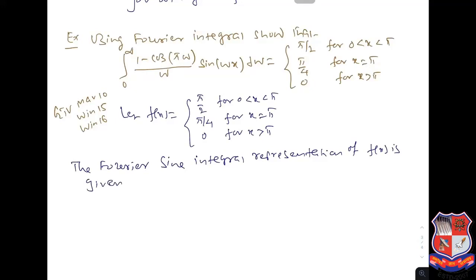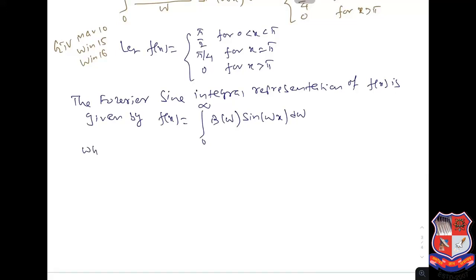is given by f(x) equal to integration 0 to infinity, b(omega) sin omega x d omega, where b(omega) equal to 2 by pi, integration 0 to infinity, f(v) sin omega v dv.